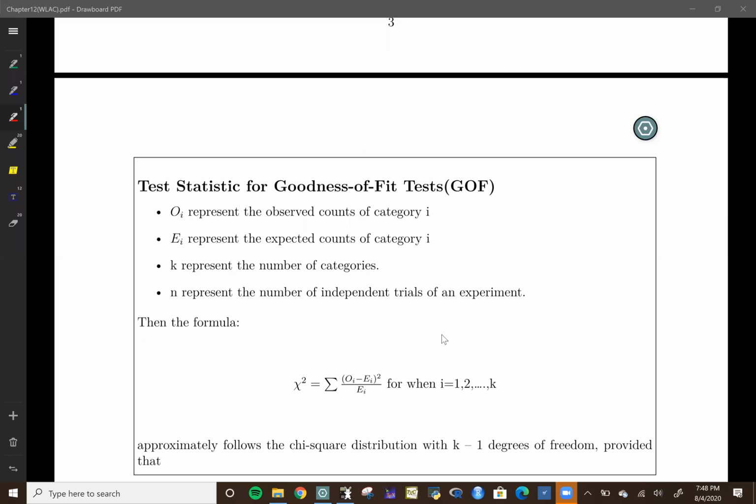So when we have O_i, that just means that you collect the data set, and this is what actually happened. When we say E_i, that is what we expect to happen. What we're trying to see is whether the observed value and the expected value are close to each other. Because if they are close to each other, that means it's a good fit.